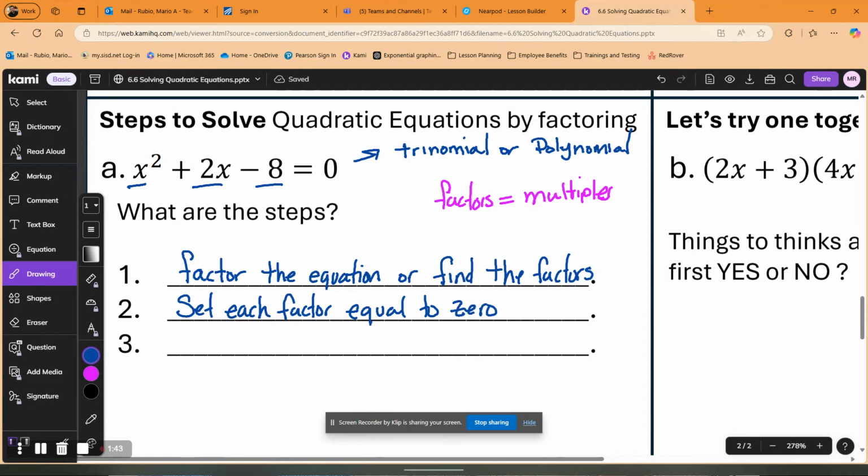Another word for factors that we can use is terms. Okay, we'll see that in a bit. And then the last step, our winner here, is we're going to solve for the variables.